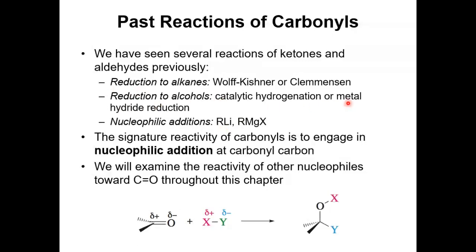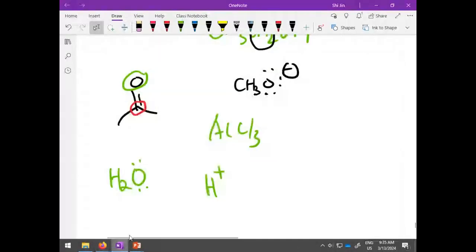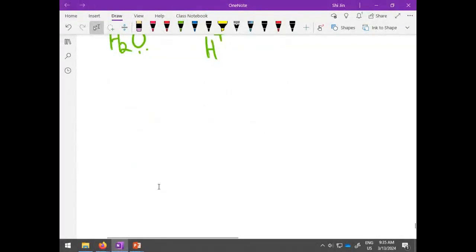So both the metal hydride reduction and the organolithium or organomagnesium addition can be treated as nucleophilic addition to carbonyl groups. We have already seen this a number of times. Let me just refresh what you saw in chapter 15.